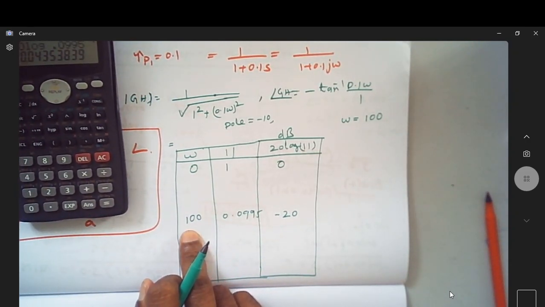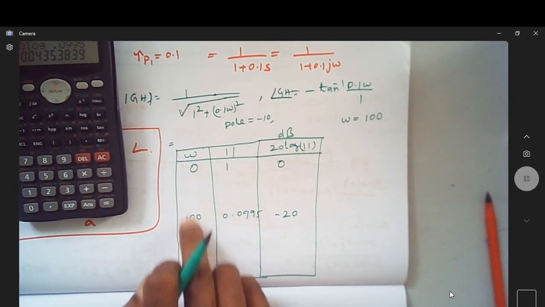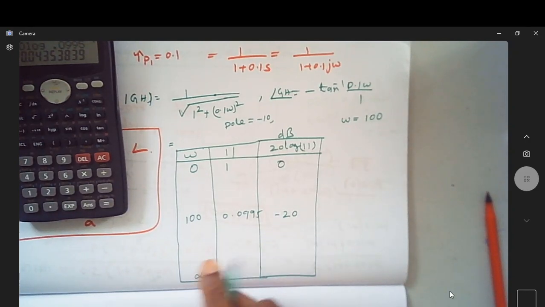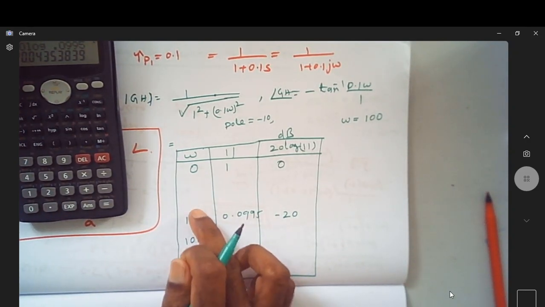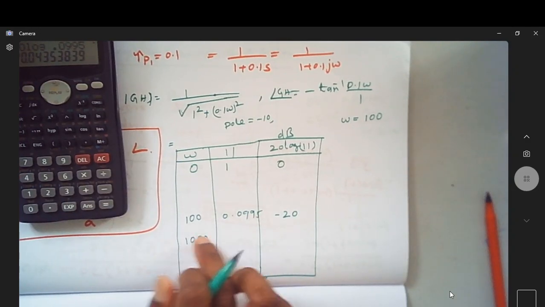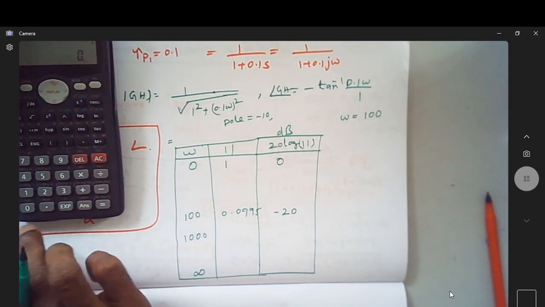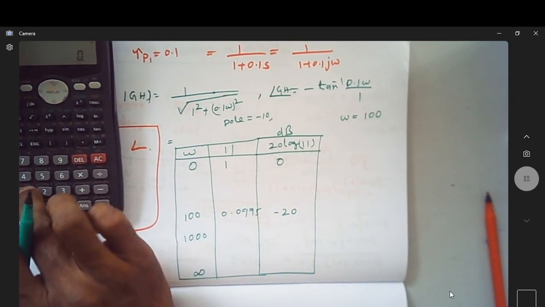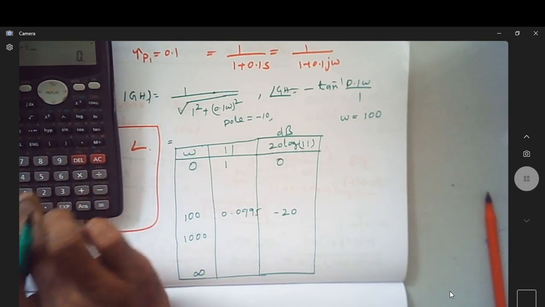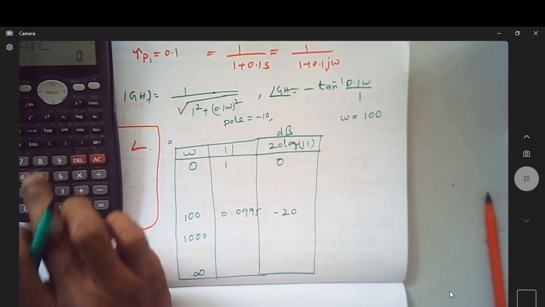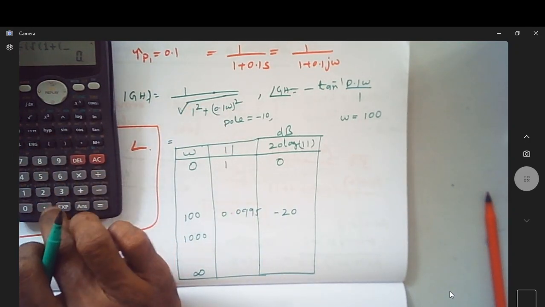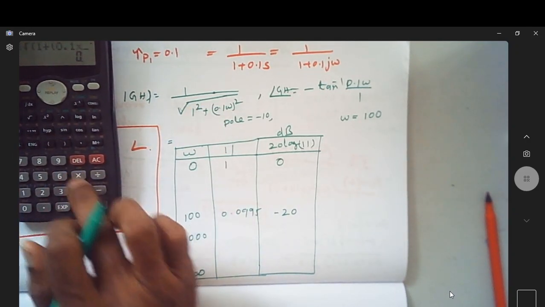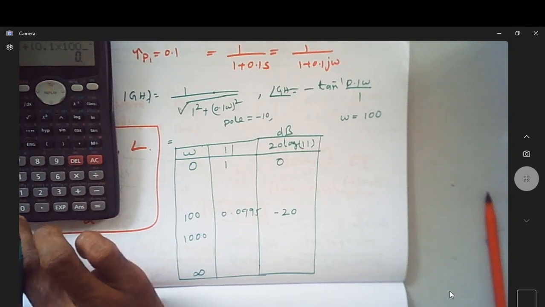For 100 as the value of omega, this is minus 20 dB. Let us do it for 1000. Let me increase the value of omega by 10 times. Now I put it as 1 divided by under root of 1 plus, because 1 square is 1, plus open the parenthesis 0.1 into, this is 1000.